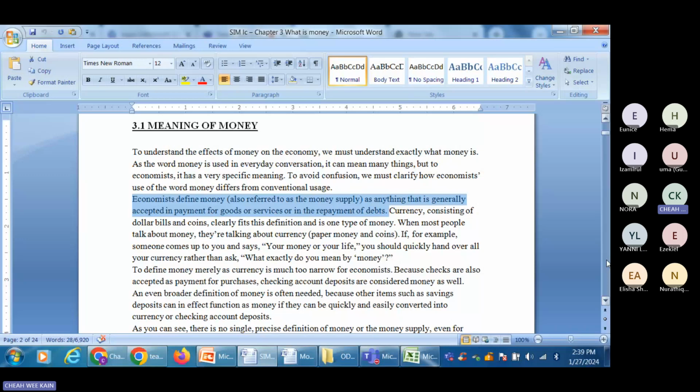So 95% of money is actually created by the bank when they give a loan. When the bank gives you a loan, they create money out of the air. Right? Does the bank give you currency? No. The bank just gives you a piece of paper in your statement that, okay, we give you 1 million. And then it's a number. You use that 1 million, you transfer, you issue a check to go and buy other things that you want. When you transfer the money, the seller also receives it in their bank account statement as a number.